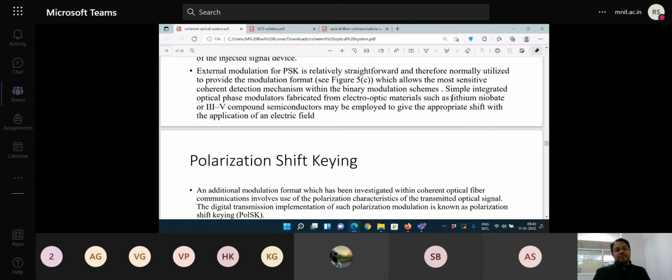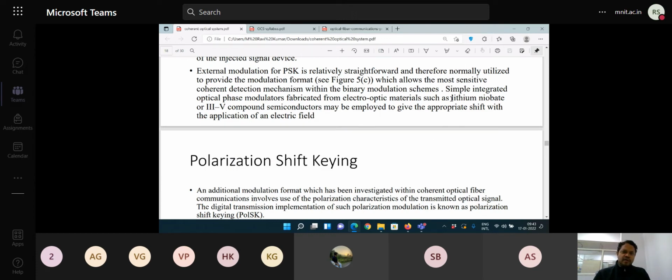Actually, the phase shift is the basic technique which is used to implement even amplitude shift keying. So the same lithium niobate platform is usually used to get the phase shift and the amplitude shifting also.